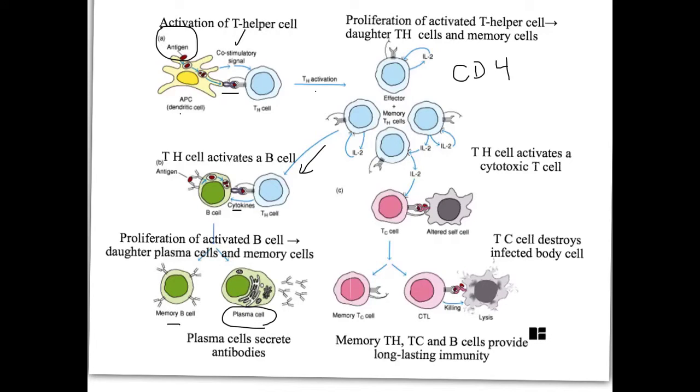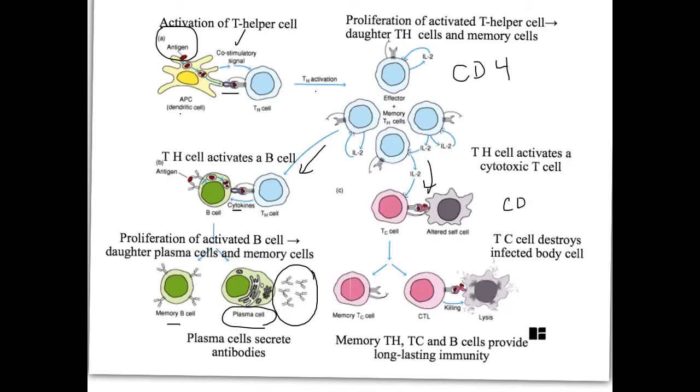The antibodies that they produce have many different ways of immobilizing and clearing the antigenic particles from the body's tissues, any extracellular spaces. Others of the activated CD4 cells will serve to activate CD8 cells, the cytotoxic T cells.